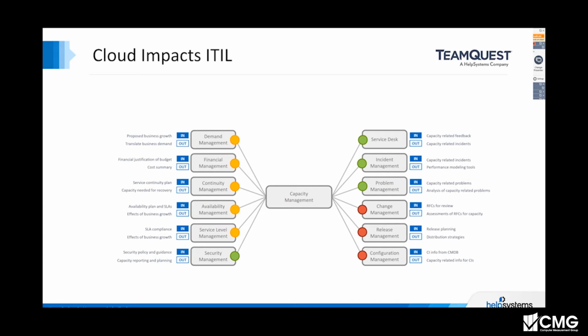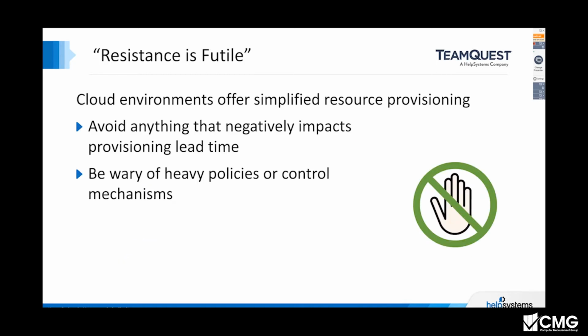Another one is the self-service, self-provisioning mechanism that is associated with the cloud. That is one of the major reasons why organizations move to the cloud. Price is probably number one, but next to that is the flexibility and the agility that the cloud offers.